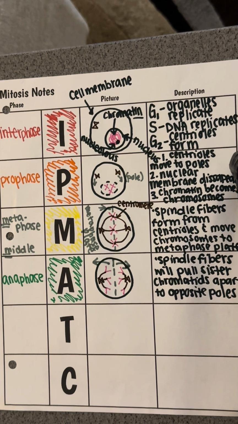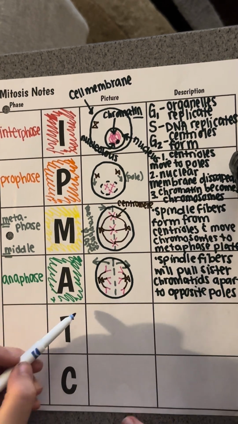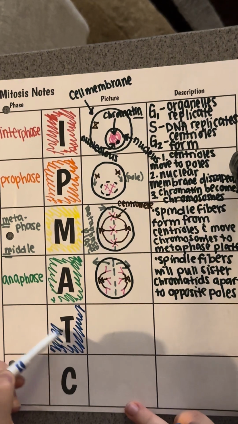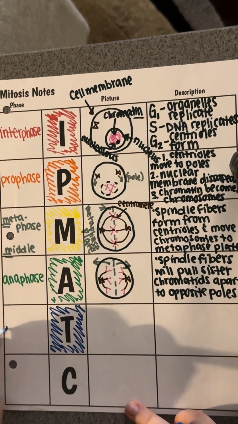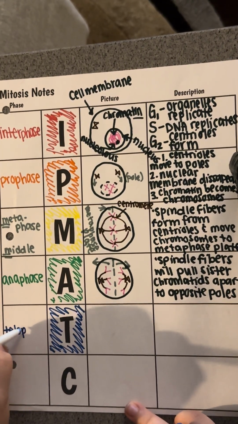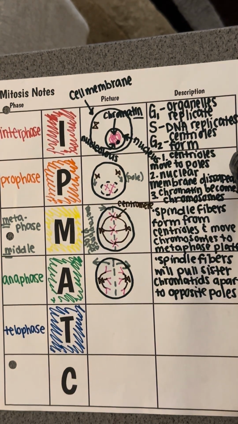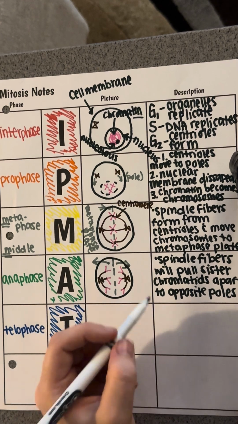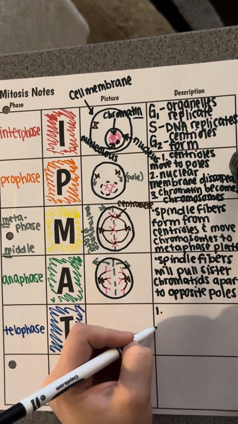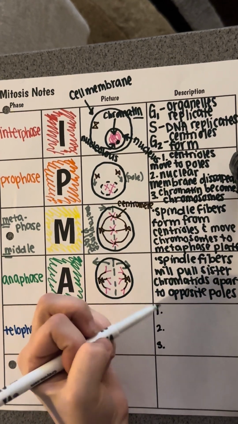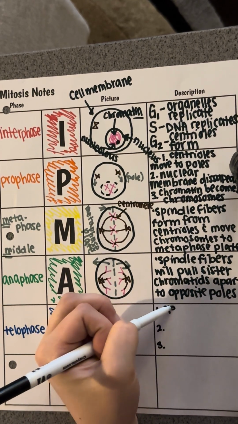Moving forward, we have T for telophase. Some people say telophase. I say telophase. It's tomato, tomato. You choose how you want to say it. Telophase. Okay, telophase, three things are going to happen. First being the cleavage furrow forms.